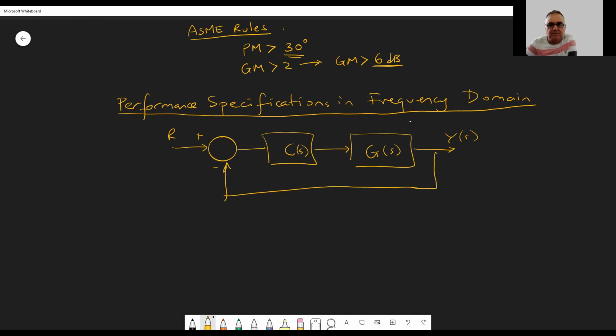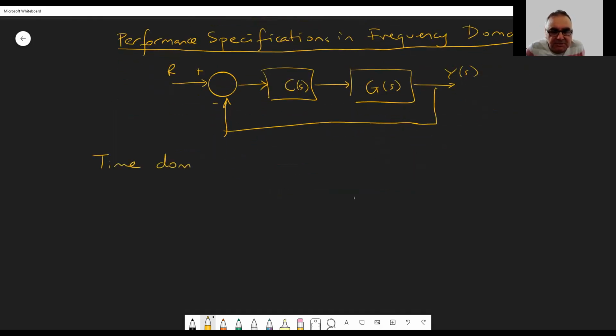Okay, now for this system, we will have specs, which are like the maximum overshoot, settling time, rise time, etc.